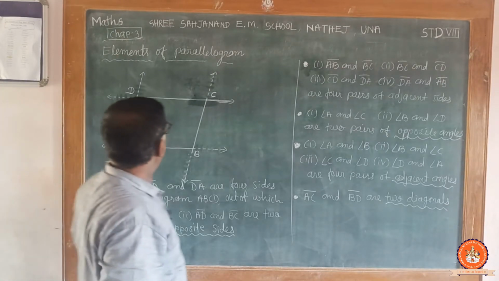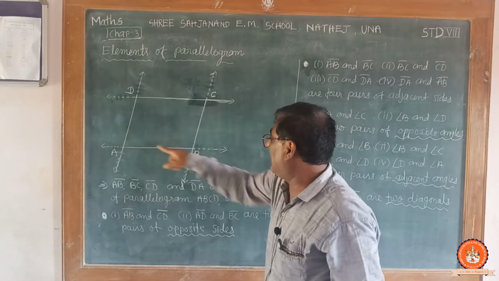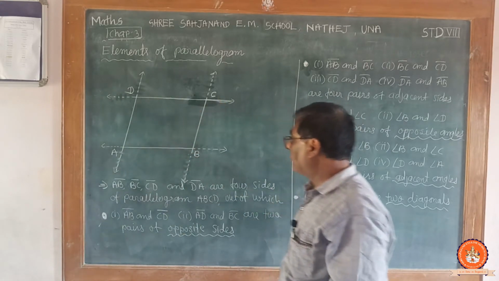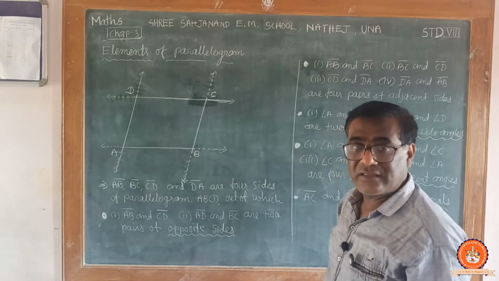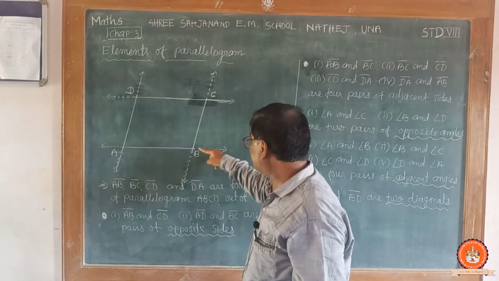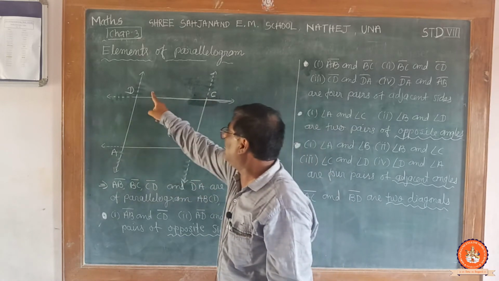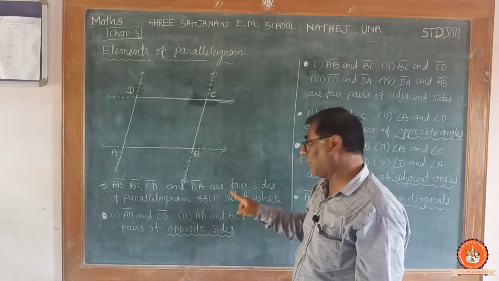Now elements of a parallelogram. See, this is parallelogram ABCD. So elements include sides, angles and diagonals. Look at it. Line segment AB, line segment BC, line segment CD and line segment DA are the four sides of parallelogram ABCD.